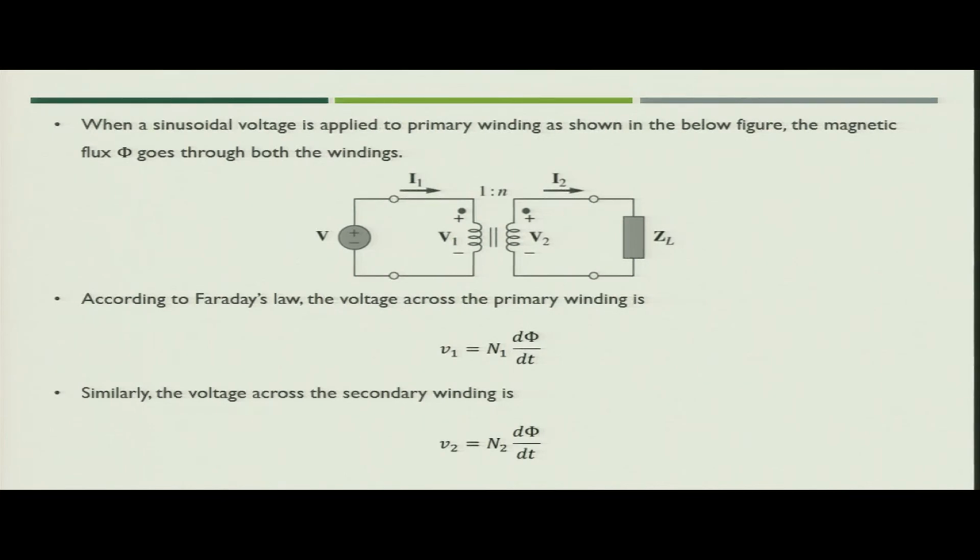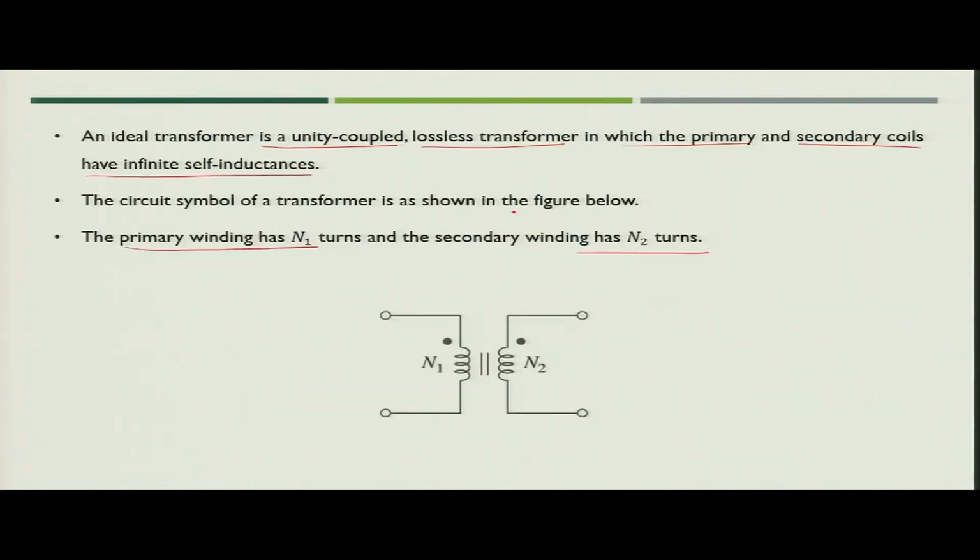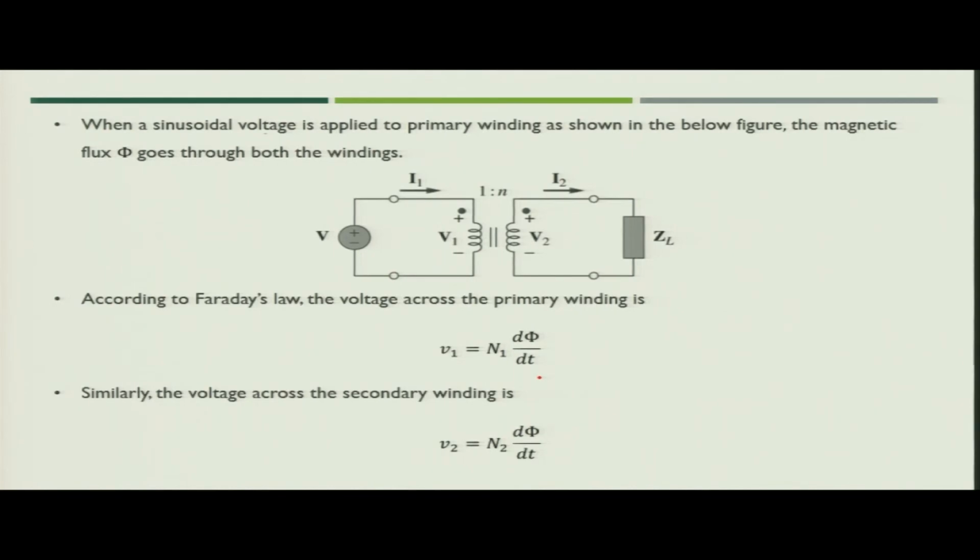So, what we will do now? We will apply the sinusoidal voltage in the transformer circuit which we just saw, and the magnetic flux in that case generated will go through both of the windings.